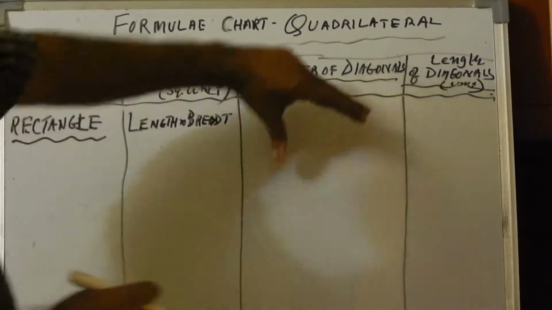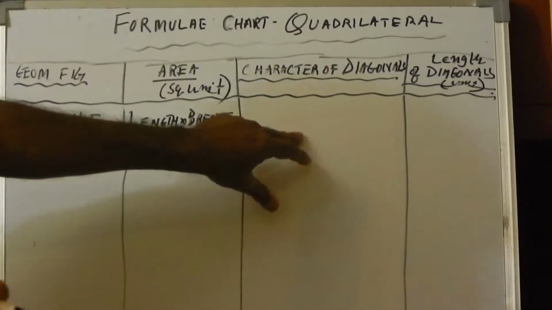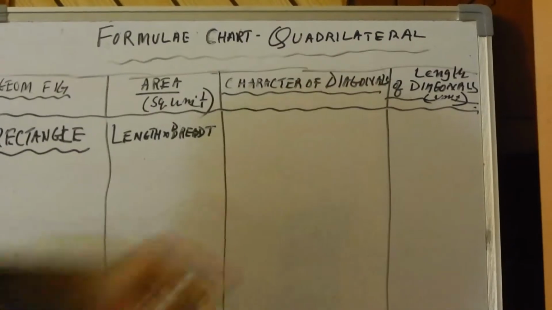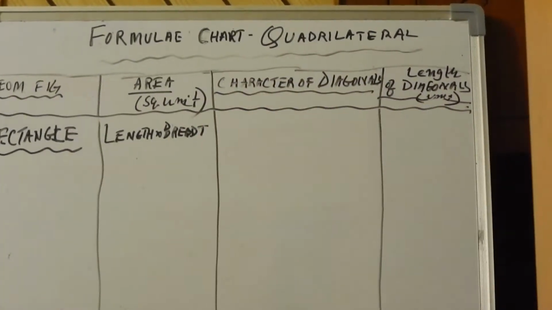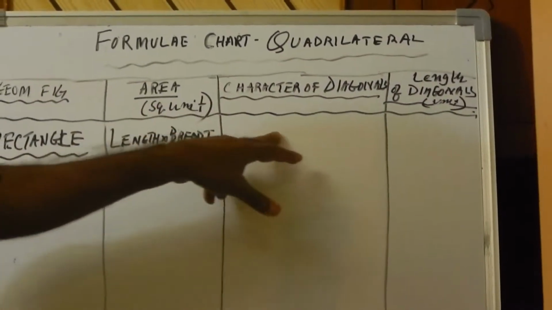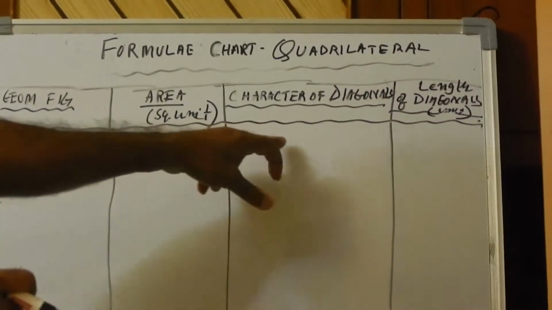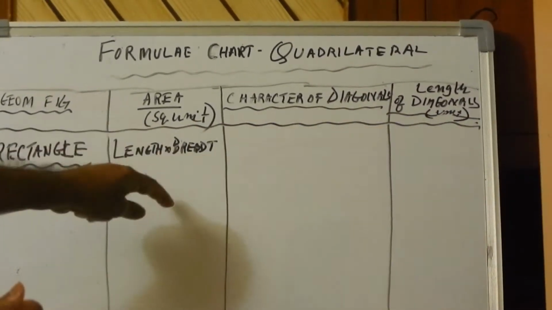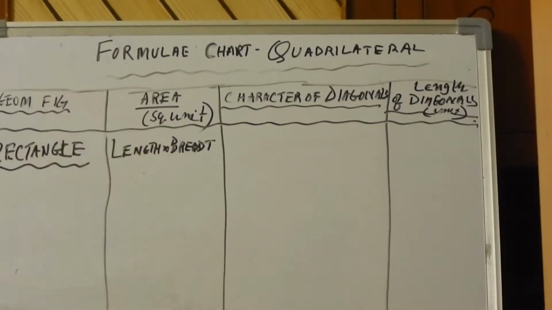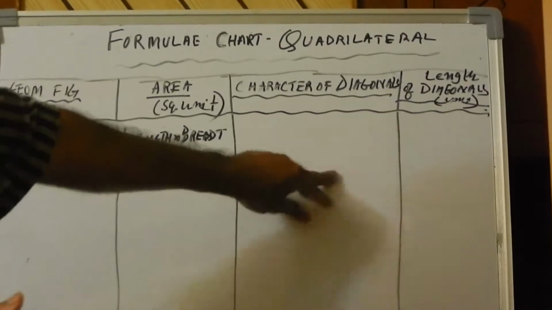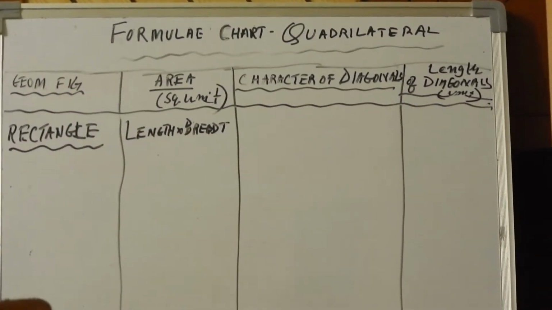And now comes this section, which is very much important, and this is where the tricky sums or tough sums for quadrilaterals are all associated. That is, it is associated with the diagonals, because anyone can derive the area of rectangle or square or rhombus very easily. But this section you have to study properly, carefully.